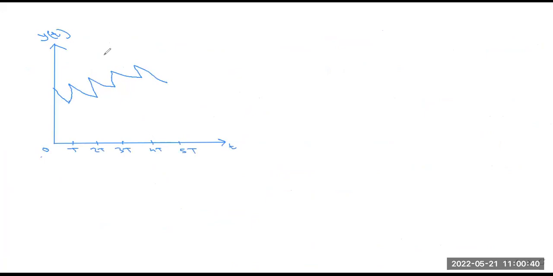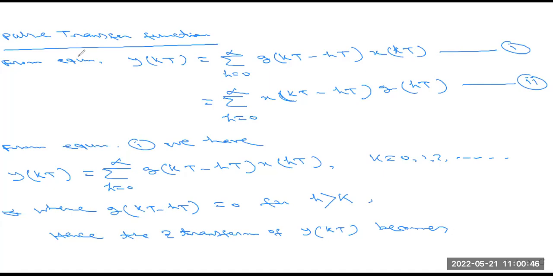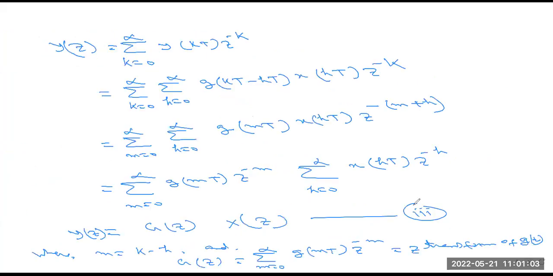This is the graphical form of the different t regions. Another one is basically the pulse transfer function: y of kt, with the functions g and x of kt. So we have to write equation 1 here, y of kt for different ranges. Is it clear, all of you?